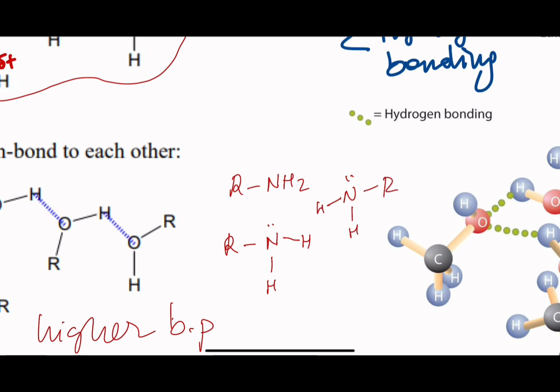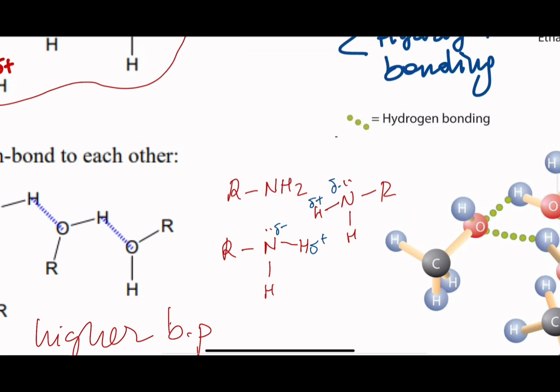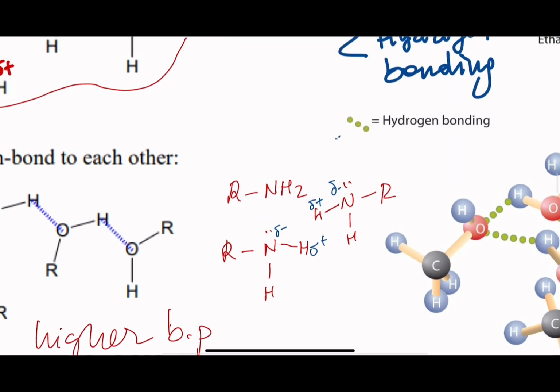I have nitrogen that is partially negative and hydrogen that is partially positive. This is pulling this guy, and then I have a negative and positive pull on the other guy. Now I have hydrogen bonding again.